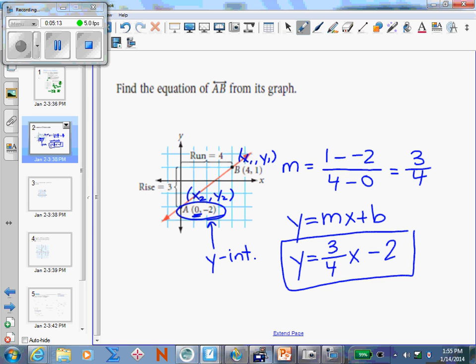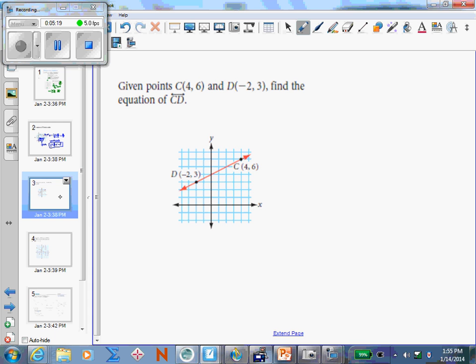Okay, it's not always that easy because you're not always given the y-intercept. So what happens when you're not given the y-intercept? Like this example here. Now it looks like 1, 2, 3, 4, that it's going to occur at 4. But because that coordinate point's not given, we want to make sure.